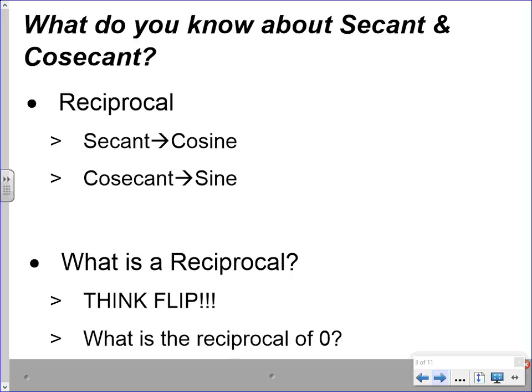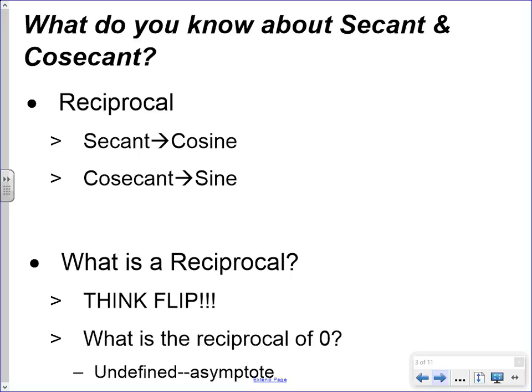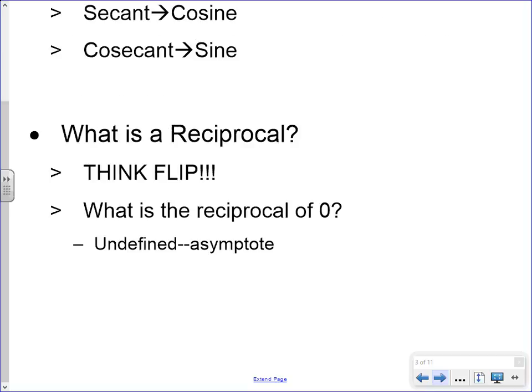Which one? Holes happen when we cross something out. If I just give you secant of x, there's not going to be any factors to cancel out. So what's happening is there is an asymptote. So when we have an undefined value, that's where we're going to place a vertical asymptote. So your secant and cosecant graphs will have asymptotes.